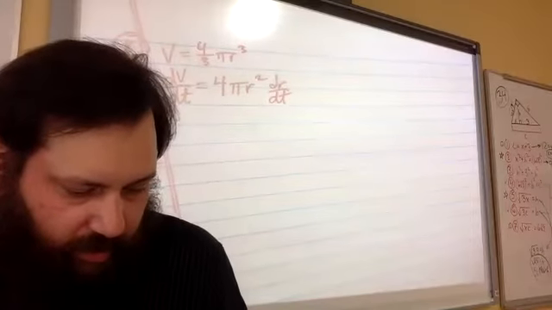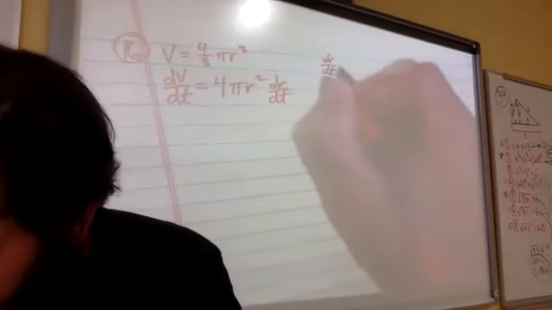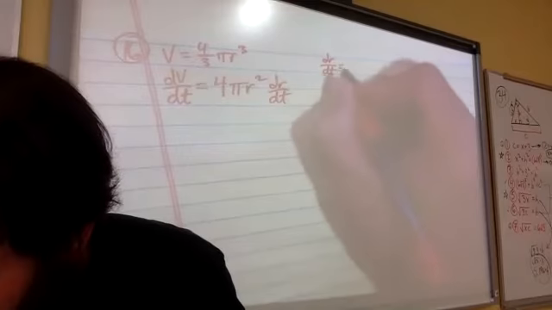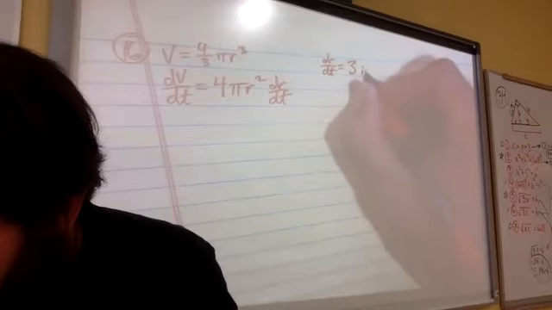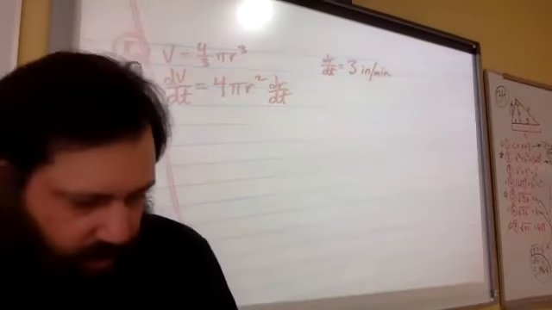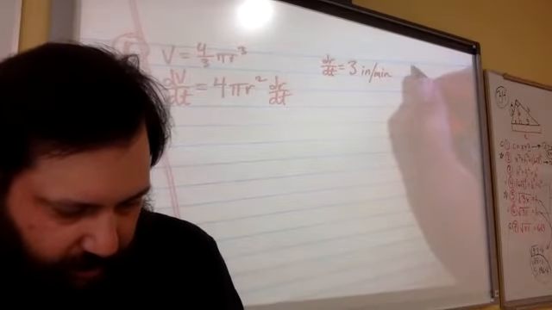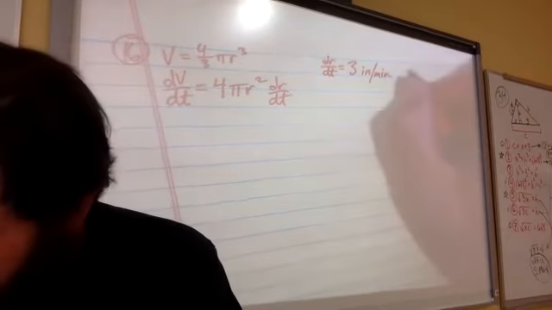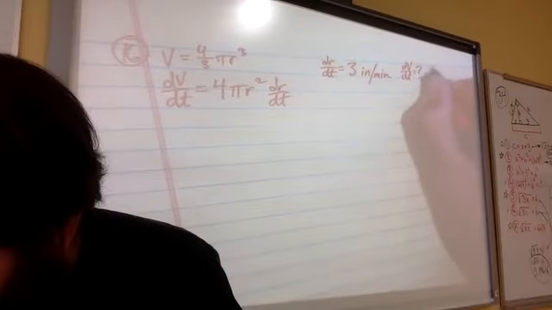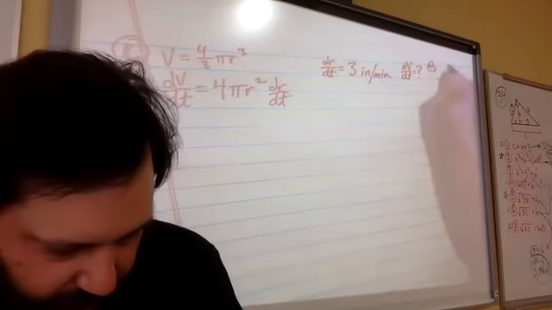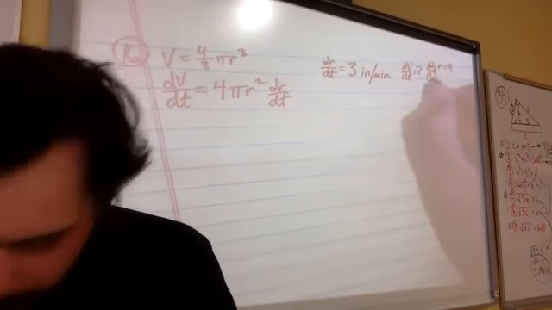The radius is increasing at a rate of 3 inches per minute. So dr/dt is +3 inches per minute. I wish they would do some decreasing. Part A, find the rates of change of the volume. So dV/dt equals question mark at r equals 9 and r equals 36.